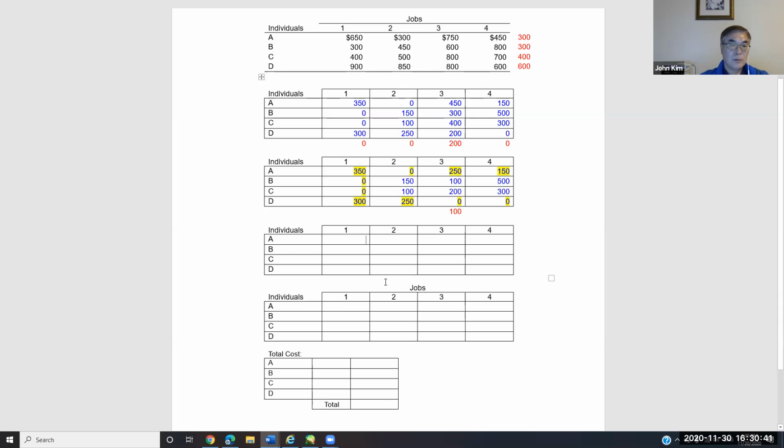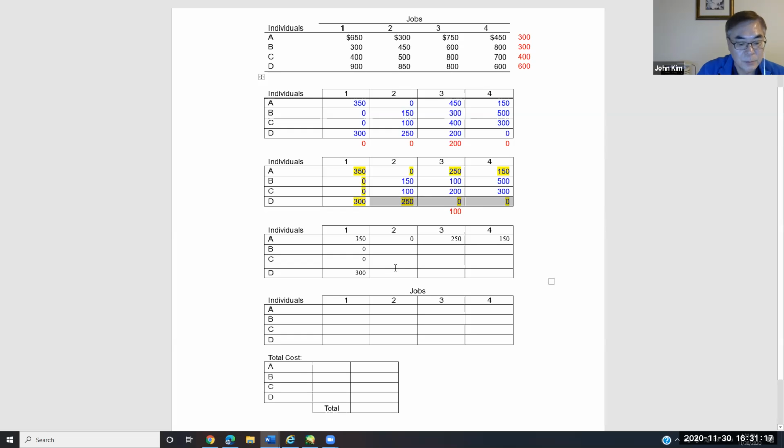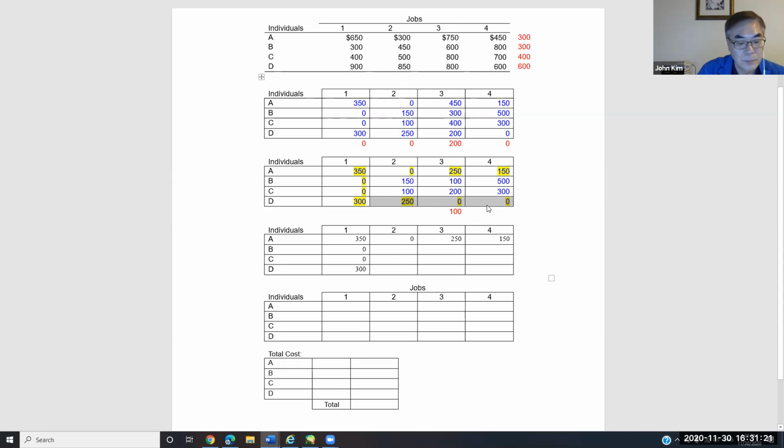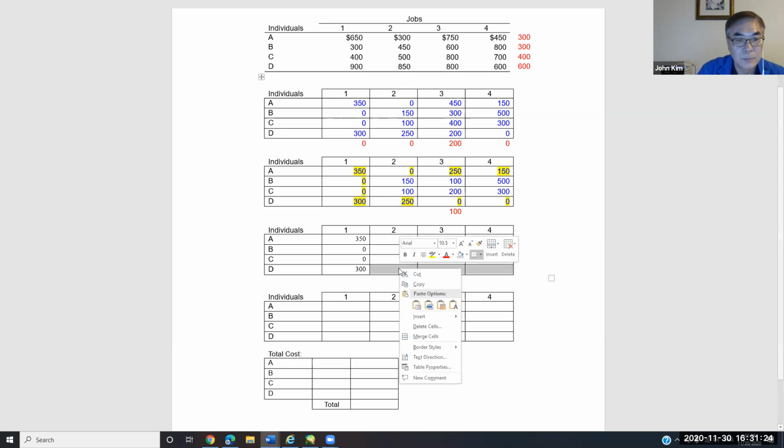Then this line, and this one, copy. And then from those numbers, subtract 100.